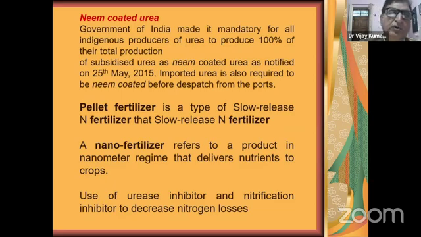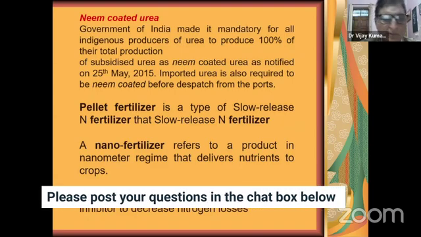So this neem coated urea has come into existence. It gives very good results. Why? Because it is a slow release fertilizer. It solubilizes only that amount of fertilizer which becomes easily available to the plant, and the rest remains in the soil so that it may supplement later on.